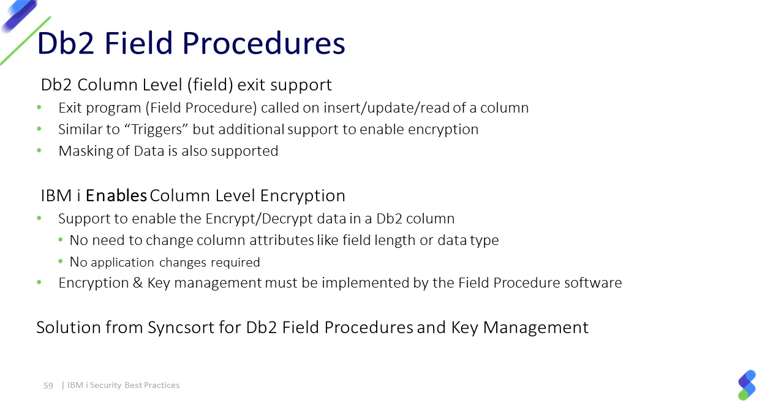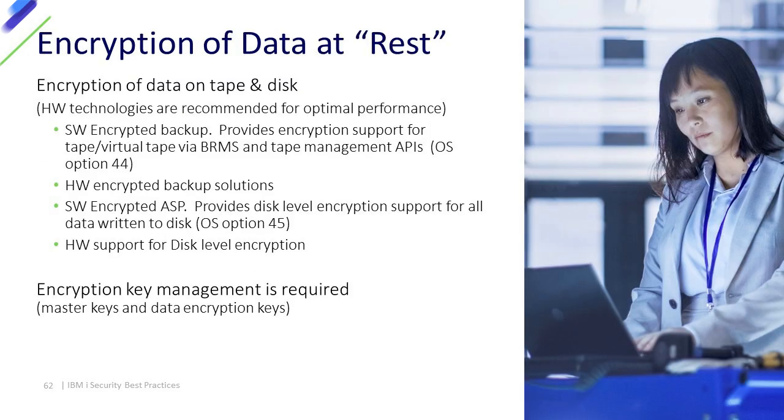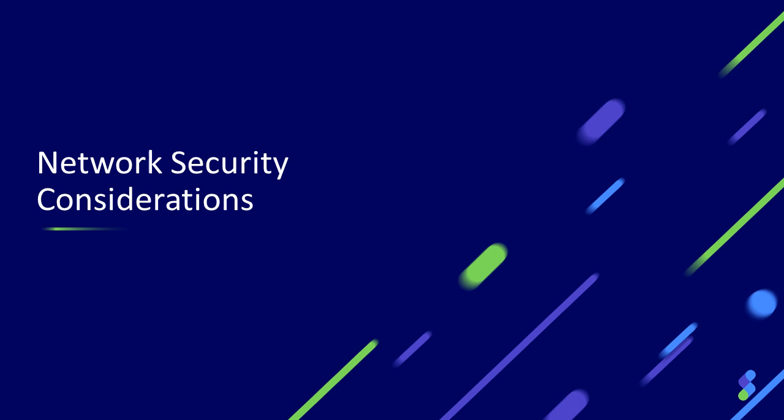It's a very, very difficult problem. So even when working at IBM, I always recommended looking at the vendor community for this solution. And we have a very strong one within SyncSort to take a look at. I'm going to skip tokenization and anonymization, data at rest today.